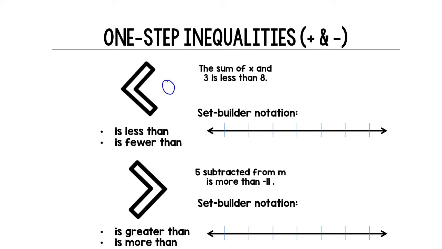We don't really need these letters, so let's get rid of those. So we need to write an inequality, which is a lot like writing an equation, and we know how to do that. The sum of x and 3, which is x plus 3, is less than 8. We're going to solve this exactly like we would solve a one-step equation.